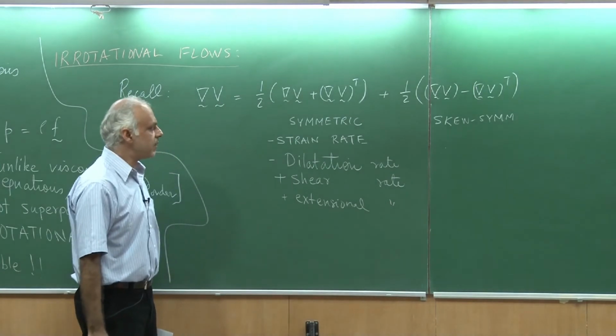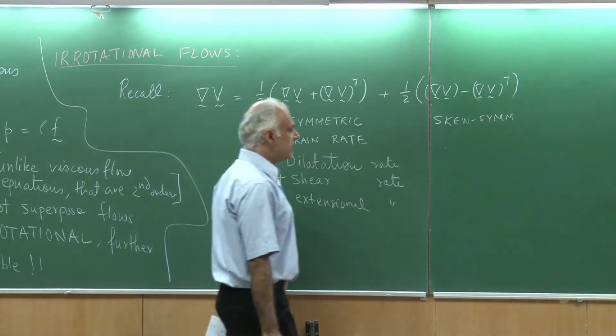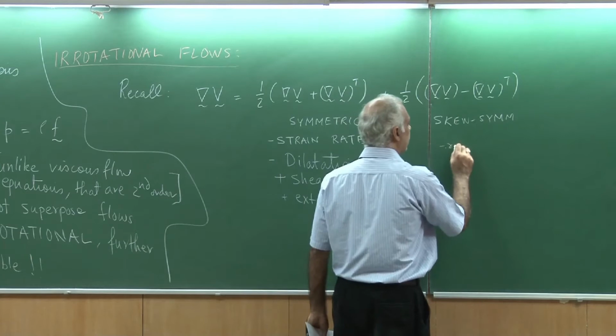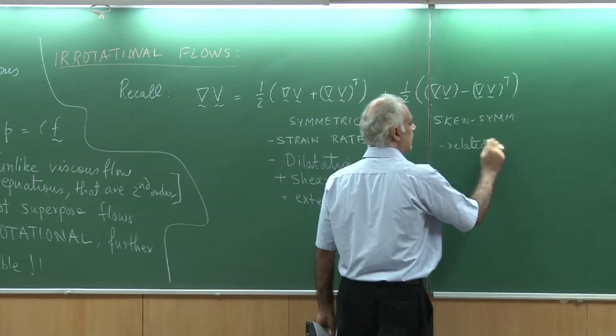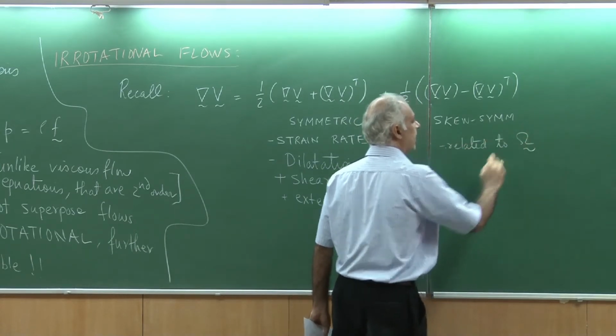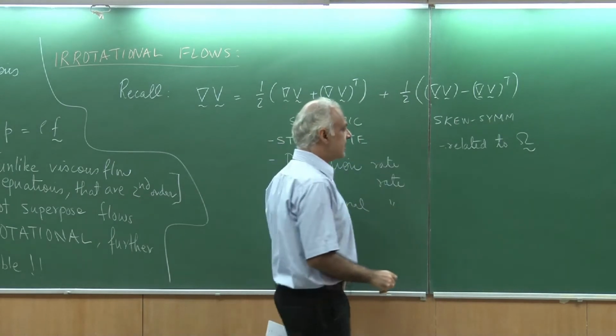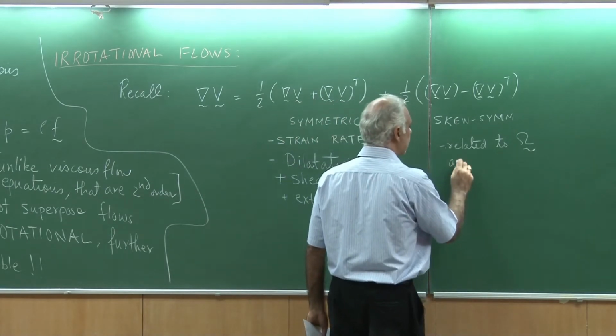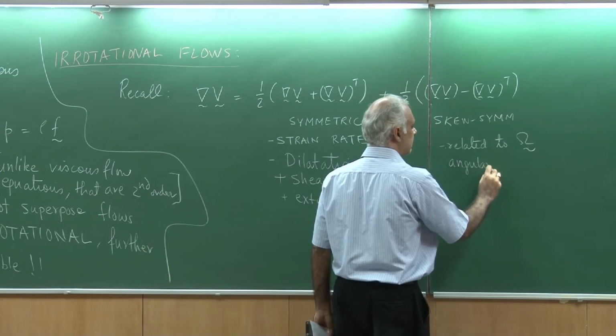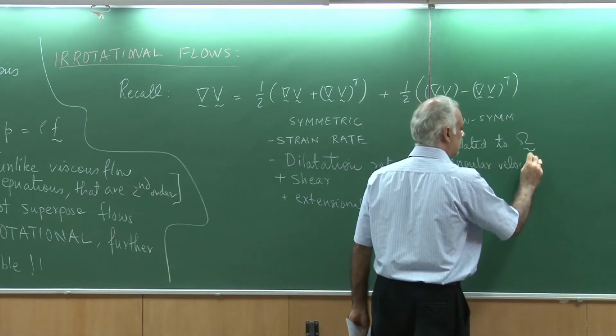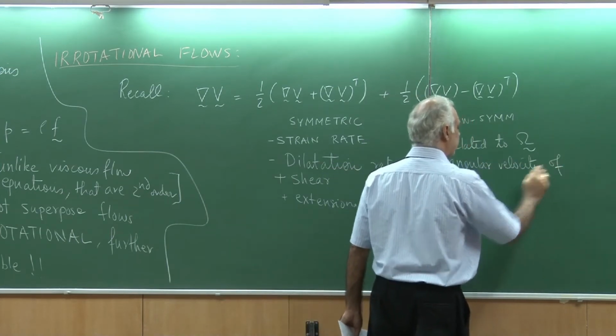This was the symmetric part. The skew symmetric part was related to omega, which essentially is the angular velocity of a fluid element.